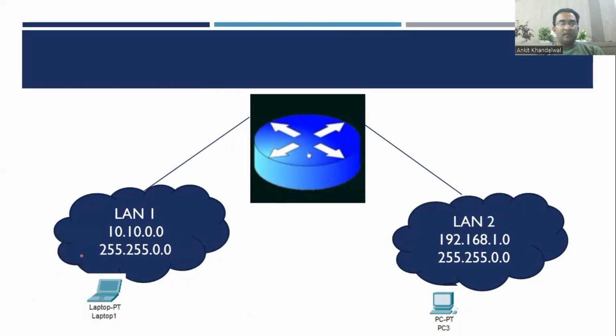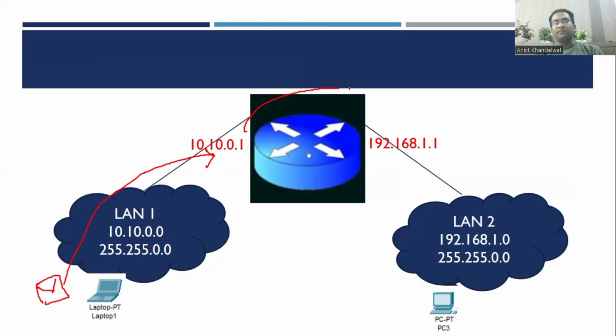Now further, as I told you, we are going to assign the IP address 10.10.0.1 to this port and 192.168.1.1 to this port. After this, we are going to send a packet. So the packet, first of all, will be delivered to this port, and from this port to this port, and from this port it will enter into the local area network to the destination, this particular destination.